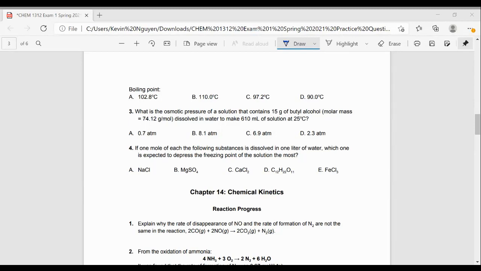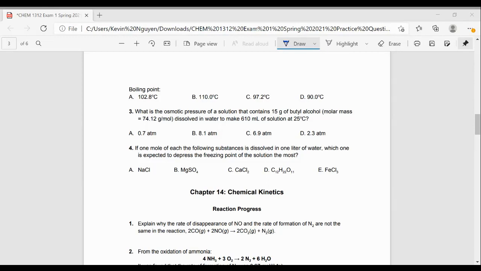Delta TF is going to equal KF times molality times the Van Hoff factor. Since we're told here that it's only 1 mole of each of these, we know the molality is going to be the same for all of them.